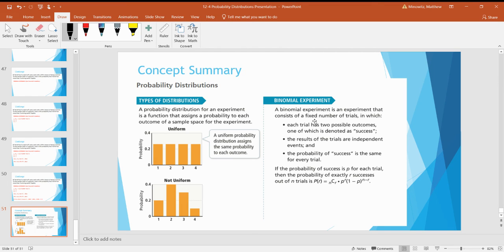We have to know how many trials we're doing, and each outcome is independent, or the probability of each trial is independent of every other trial. We also have the probability formula for the binomial probability. I'd recommend writing that down, highlighting in your notebook, circling it. Super important whenever we have a binomial experiment, that formula is probably going to be useful. And that's probability distributions.